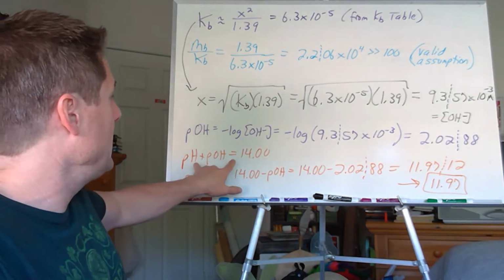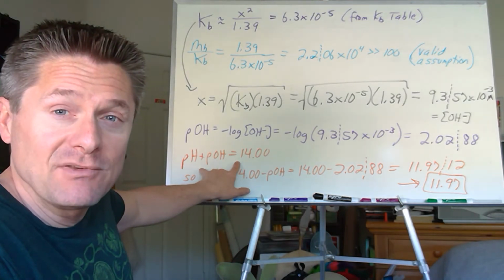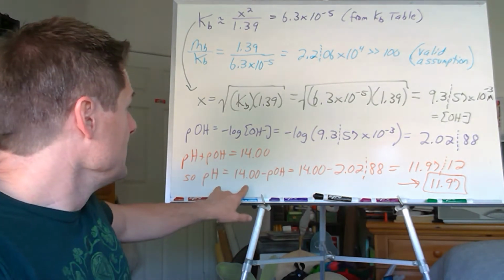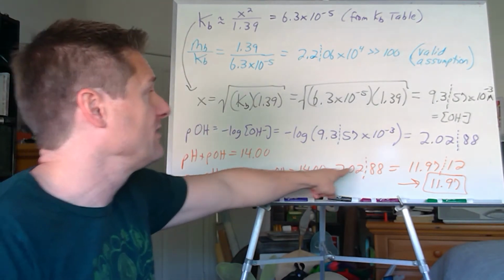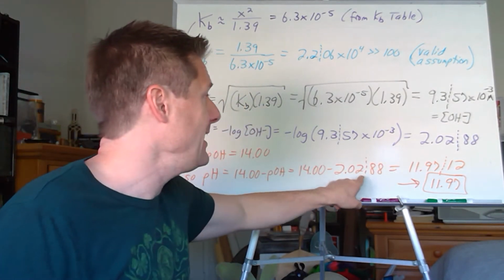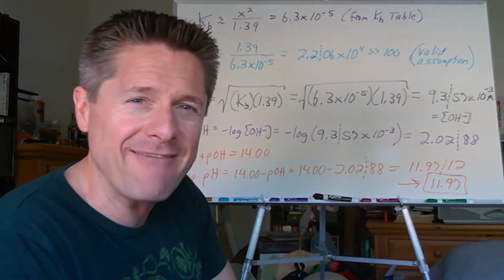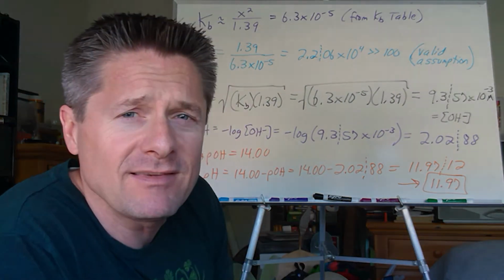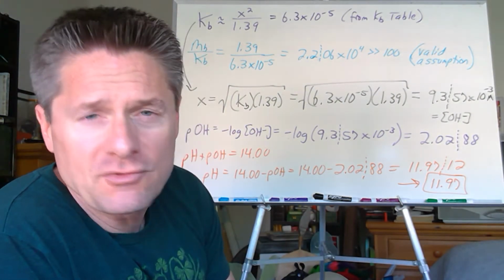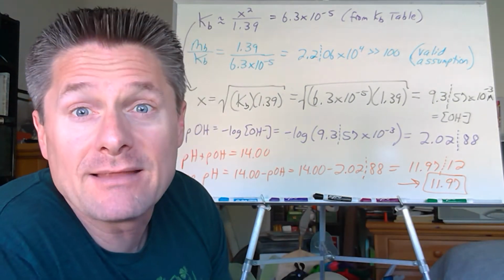So we know that pH and pOH added together is 14.00. How many times have you seen that trick? So let's take 14.00 minus the pOH. 14.00 minus 2.0288, good to 2 decimal places, I get 11.9712. That's closer to 11.97 than 11.98, so that rounds to 11.97.